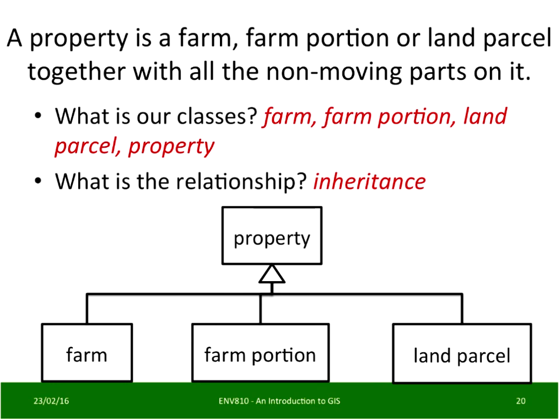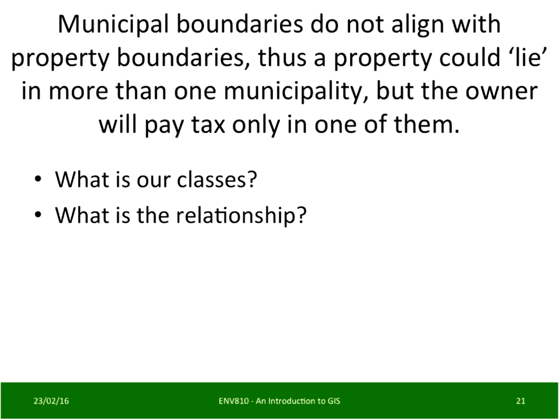Okay, so we were on this one. We say municipal boundaries do not align with the property boundaries. Thus, a property could lie in one or more municipalities. However, the owner will only pay tax in one municipality.